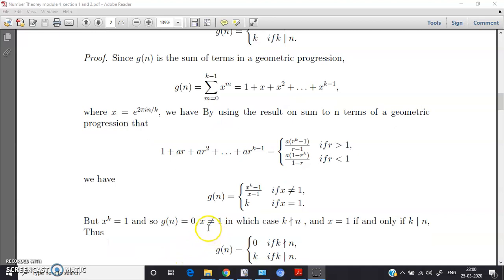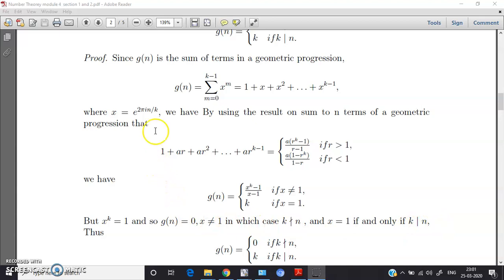And so we can see that the case when x is not equal to 1 is only possible when k does not divide n. That is because if x equal to 1, then we have only k, and this happens only when k divides n.